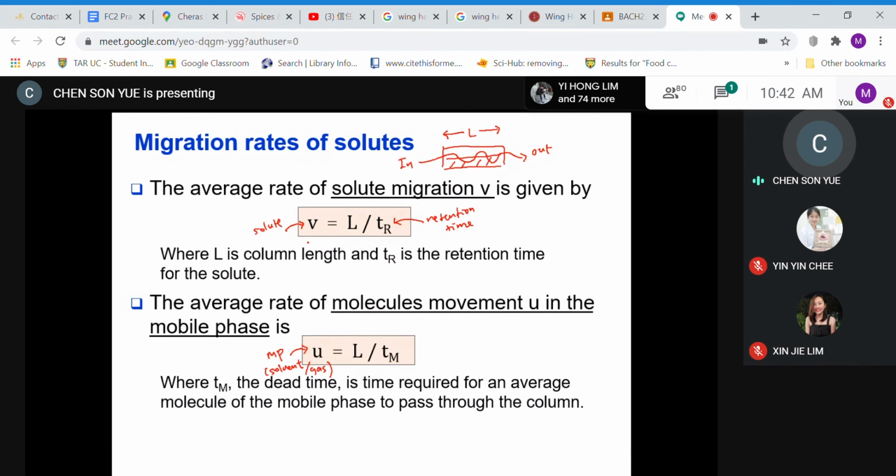The mobile phase is always in front. That's why we have TM, TM always in front, then you have TR1, TR2, and so on. So these are the differences between the sample speed and the mobile phase speed.